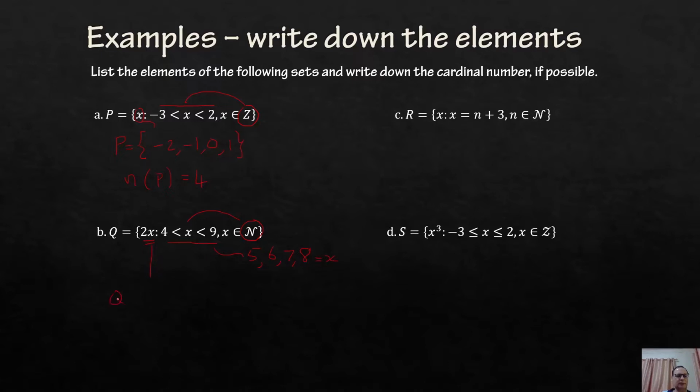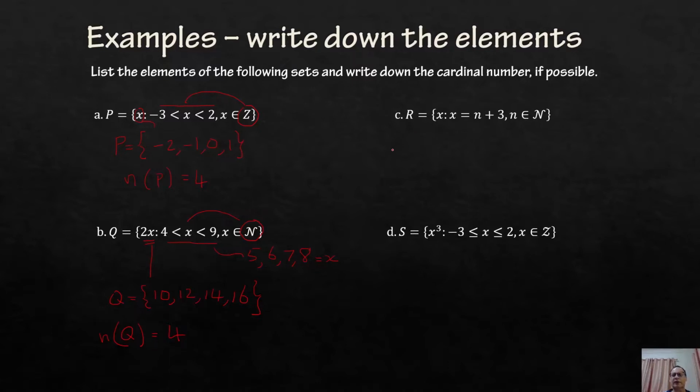So our set would be 2 times 5, 10. 2 times 6, 12. 2 times 7, 14. 2 times 8, 16. In this question, also let's not forget the cardinal number. So there are 4 elements in set Q.